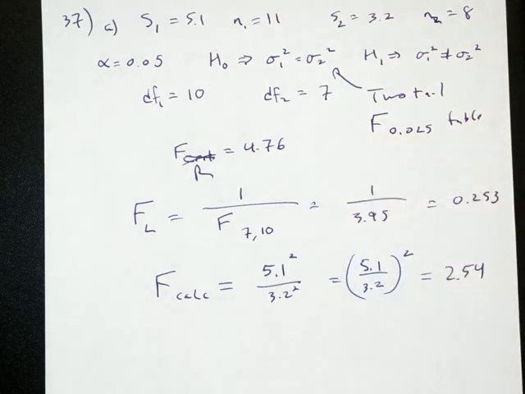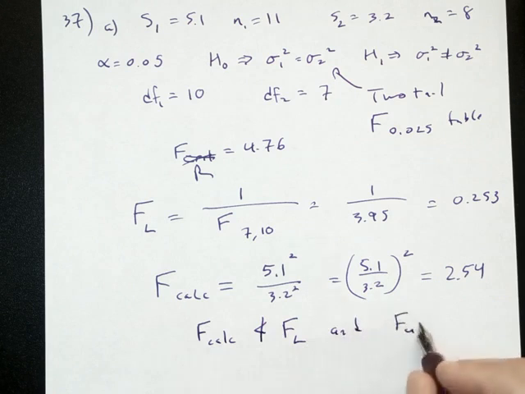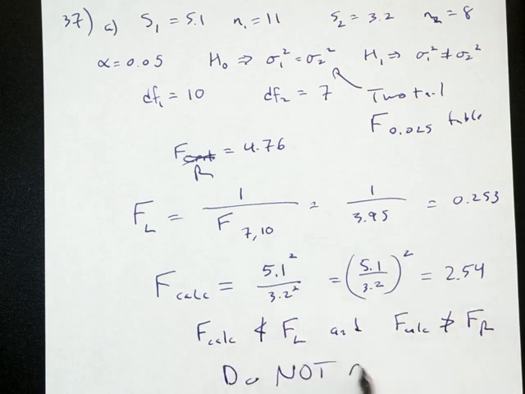We keep the null hypothesis. So I would like you to notice we said that the first group had a standard deviation of 5.1. The second group had a standard deviation of 3.2, but those are not different enough for me to say the variance in group 1 is different from the variance in group 2.